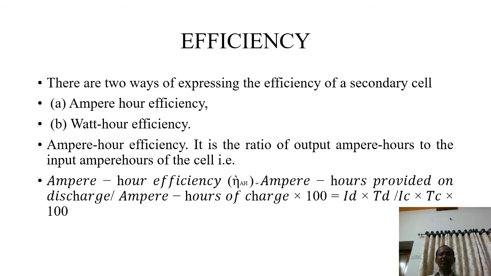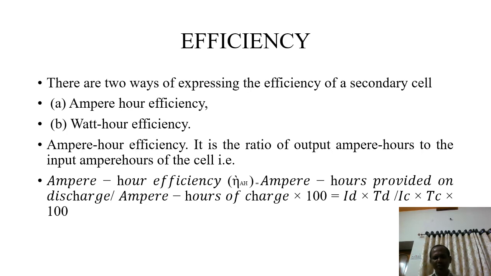Ampere hour efficiency is the ratio of output ampere hours to the input ampere hours of the cell. Ampere hours provided on discharge by ampere hours of charge into 100, which equals IDTD by ICTC into 100, is called ampere hour efficiency.